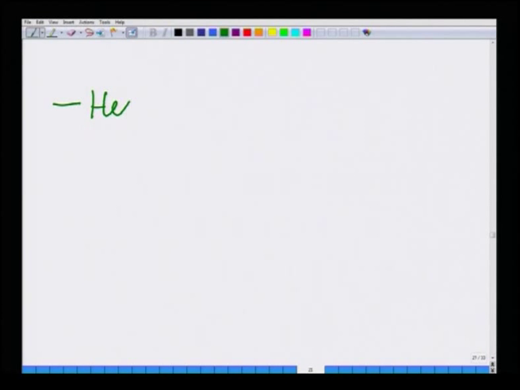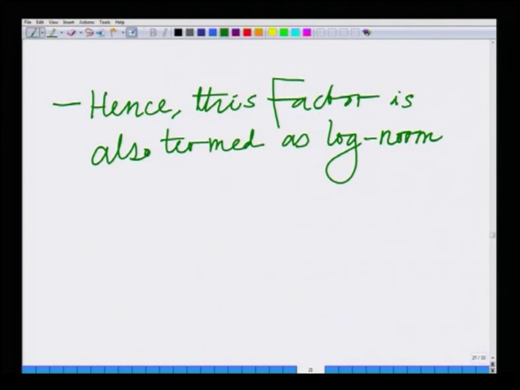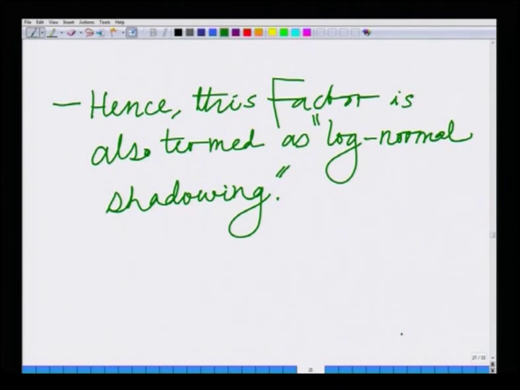Hence, this shadowing factor is also termed as a log normal shadowing factor. All right.